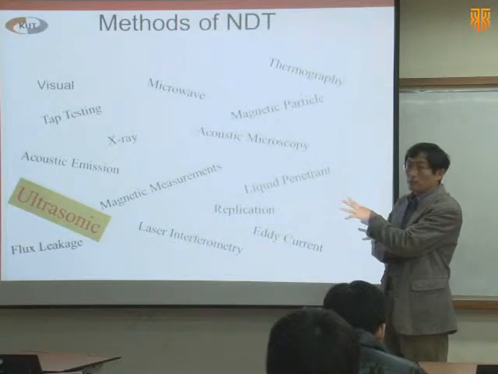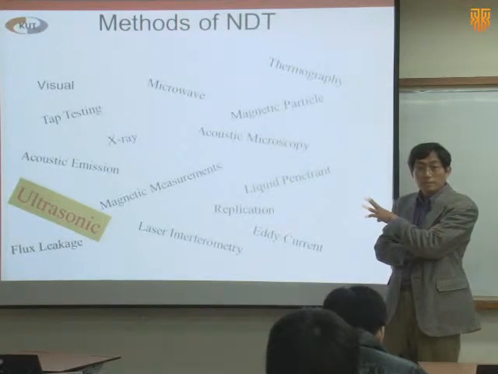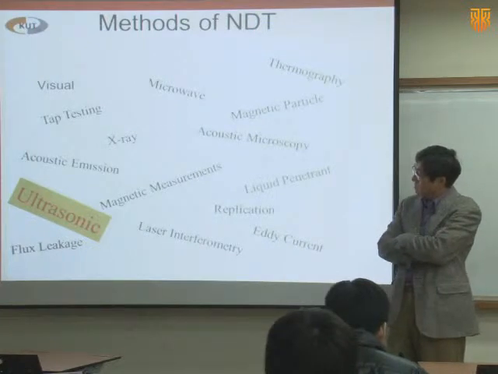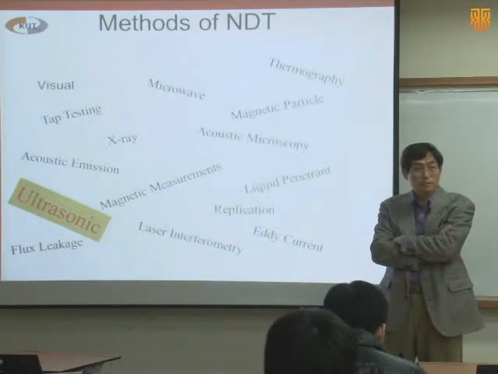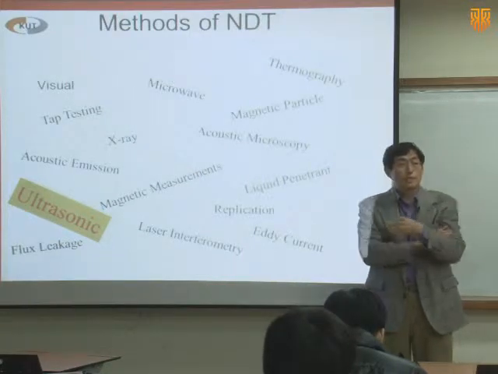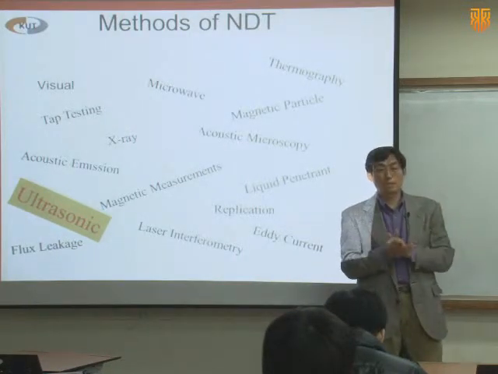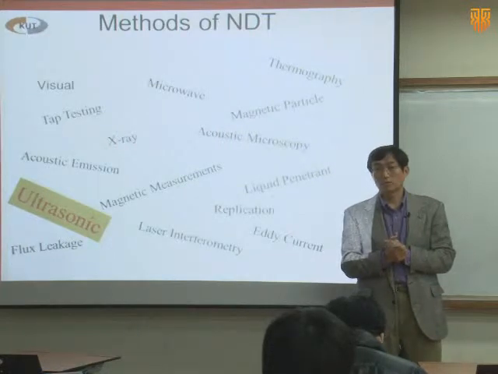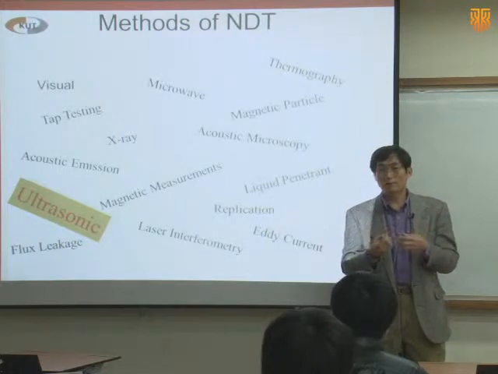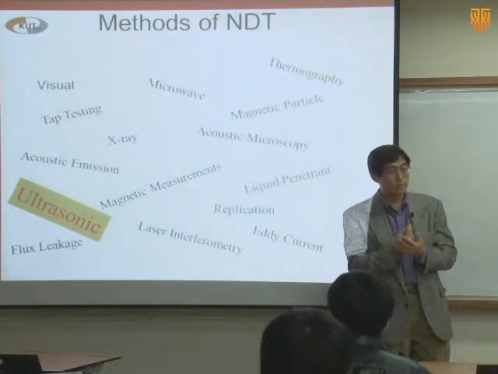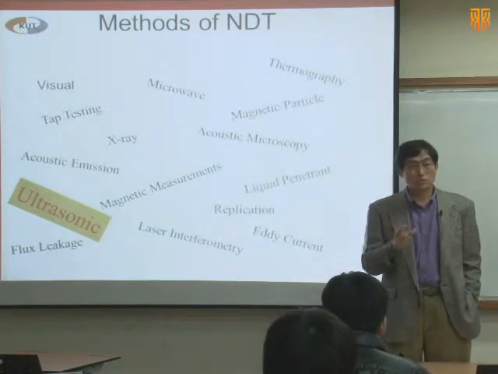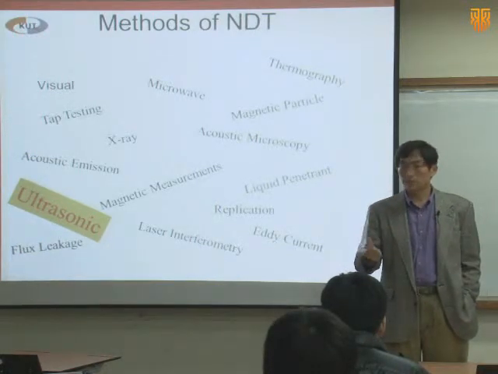Among these many NDT methods, we're going to focus on the green-shaped topic, the ultrasonic method, which uses ultrasound to look at something inside the material. We want to find defects, cracks or voids, or measure material dimensions like depth or thickness.